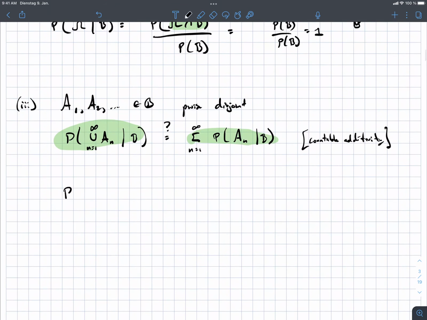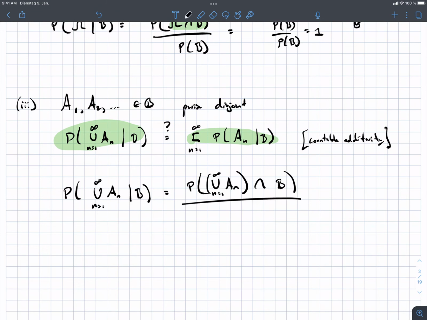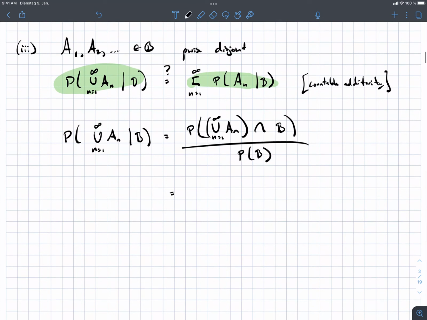So we start with the left-hand side. This conditional probability, by definition, is probability of the intersection between these two events divided by probability of B. If I use the distributive law, I can write this as the union of a bunch of intersections.